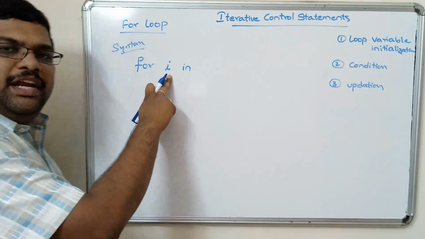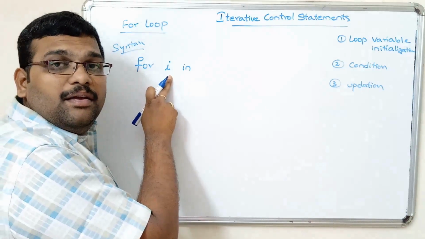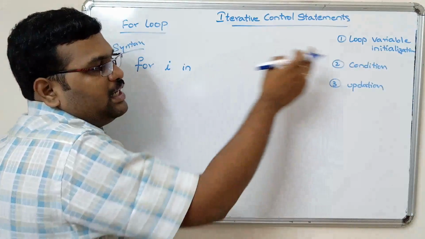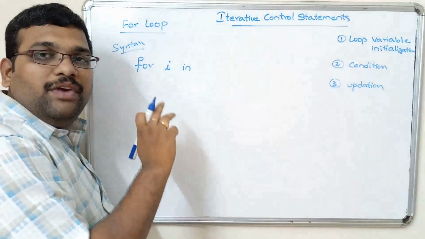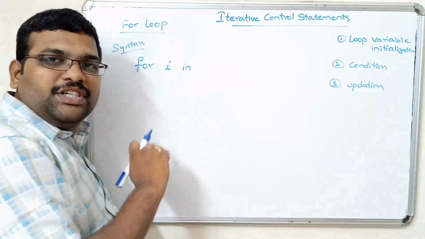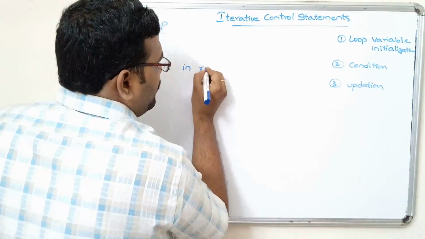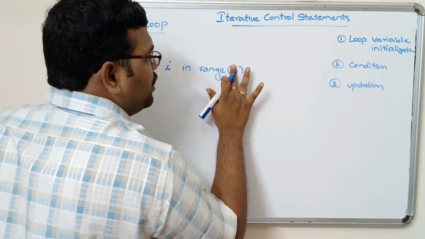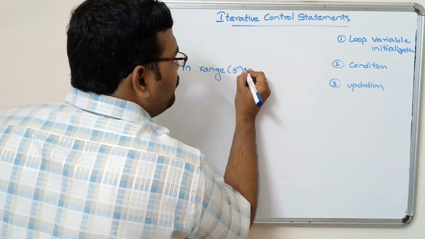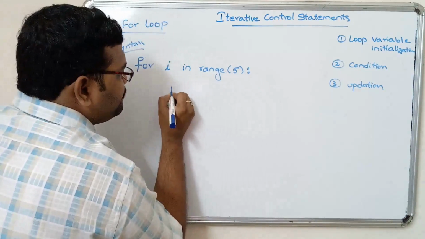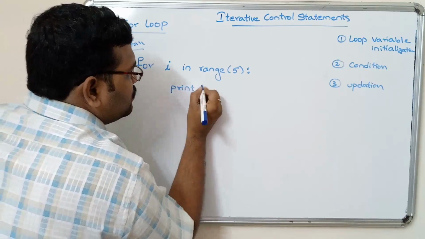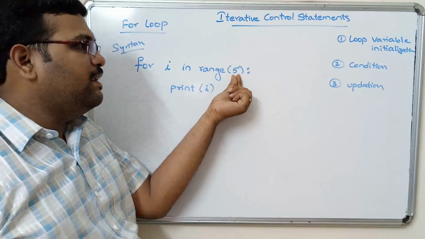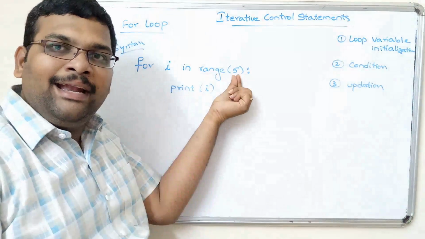We need not initialize this I before starting the for loop, because loop variable initialization, condition and updation, everything we are writing in the range function itself. For I in range of 5 colon, print I. Here only one argument is there, so that argument is the end element.